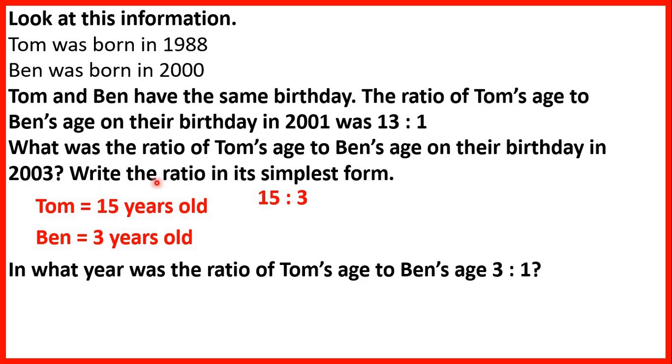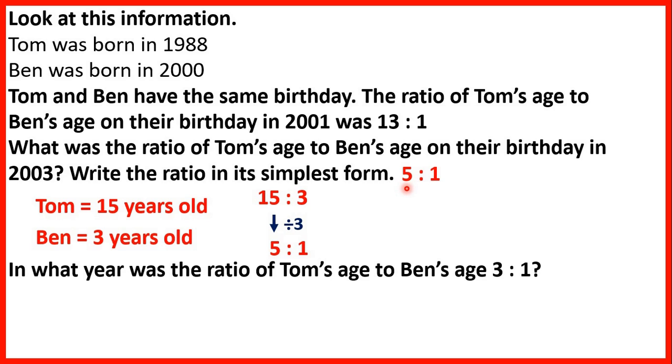But we want to write the ratio in its simplest form, and we simplify ratios in the same way that we simplify fractions. So we divide both numbers by a common factor. 15 and 3 are both in the 3 times table, so 15 divided by 3 is 5, 3 divided by 3 is 1, so in its simplest form, the ratio can be written 5 to 1.